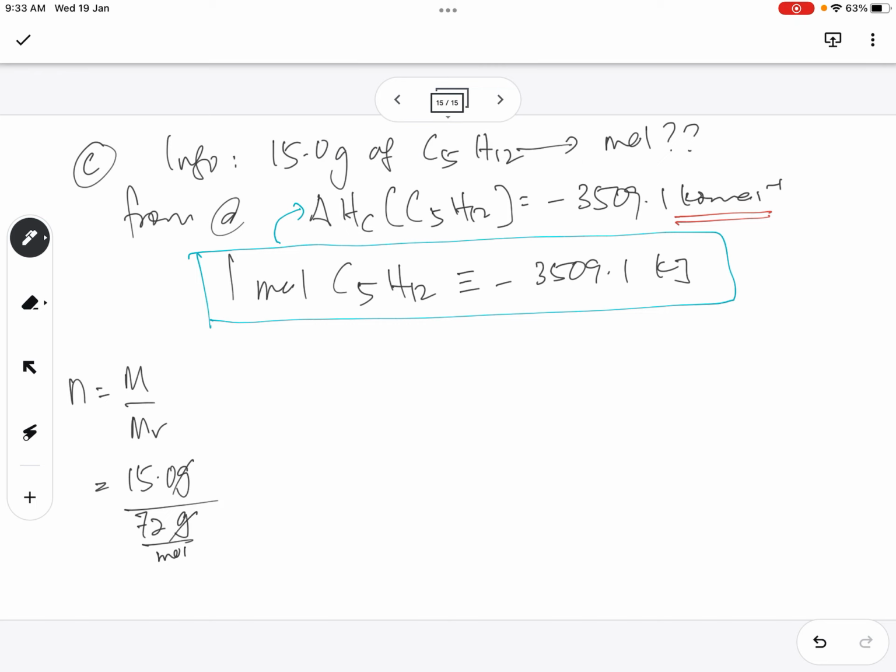So cancel the gram, kita kira mole. I get 0.208 mole. Dapat ke? Because our enthalpy is 3509, it's already 4 significant figure, so kita ambil mole pun 0.2083.